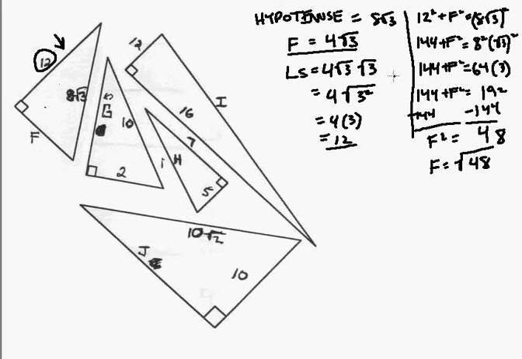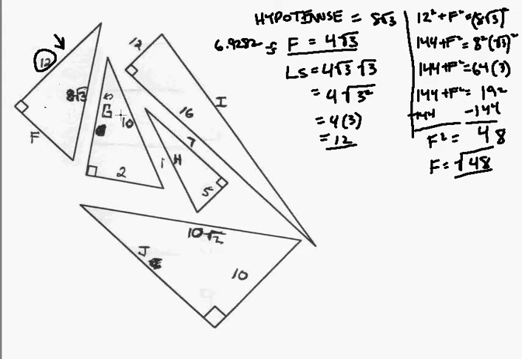So the question is, does 4 square root of 3 and square root of 48, are they the same? So if I multiply 4 times the square root of 3, I get approximately 6.9282.